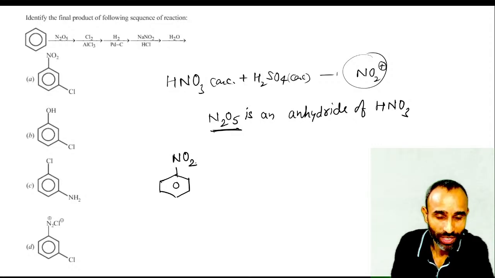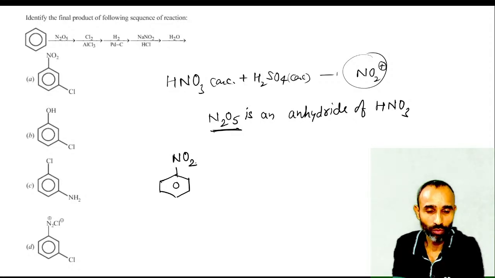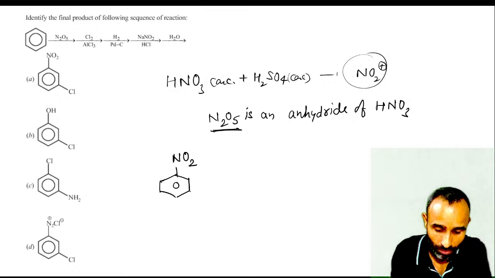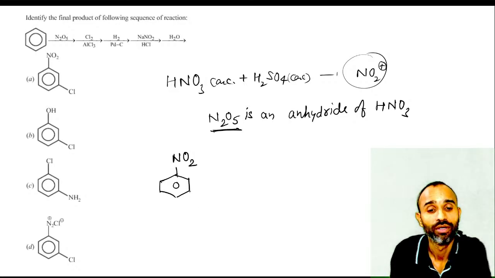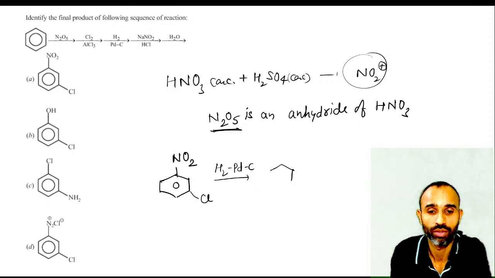So now next is chlorination. Obviously the NO2 group is meta directing, so the meta product is formed. Now H2/Pd-C turns it into NH2.